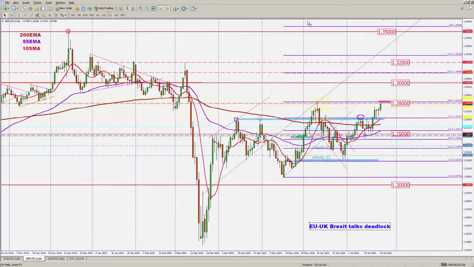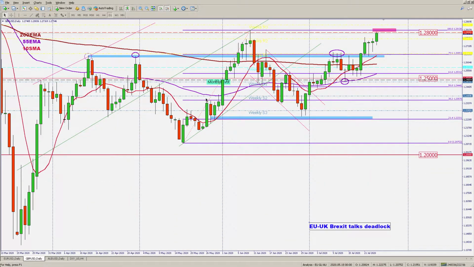Let's move on to the cable. It didn't rally as strong, but it did break through on the Monday the intermediate resistance at that time, where it had failed to break above the 126.50-55 area.